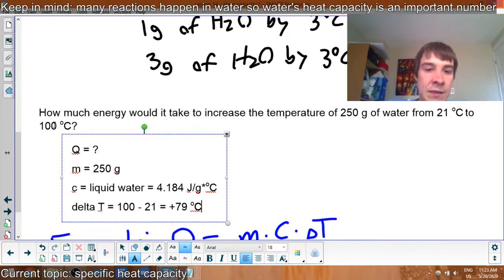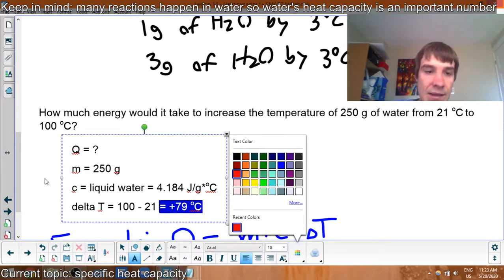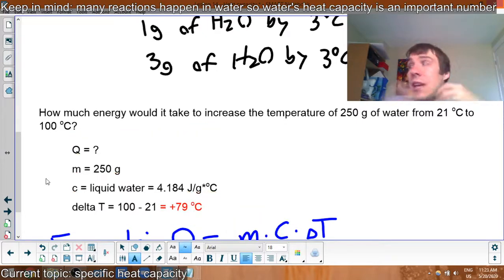That's an important step here because if you just choose 21 or 100, that's not suggesting a change in energy. You're trying to do some kind of absolute energy thing, which is not what we're interested in. We're interested in a change in energy, right? So that delta is very important, figuring out that you're increasing the temperature by 79 degrees Celsius.